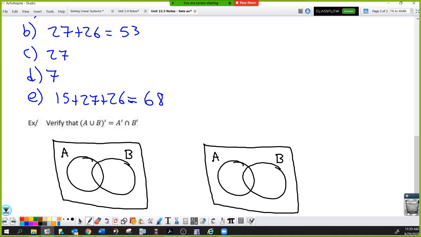Let's do some highlighting. Wait, we draw 2. On the left side, A union B would be the entirety of both circles shaded in. But then it says not that. Okay, well, A union B not will be anything that was not in either circle, and that'll look like this.